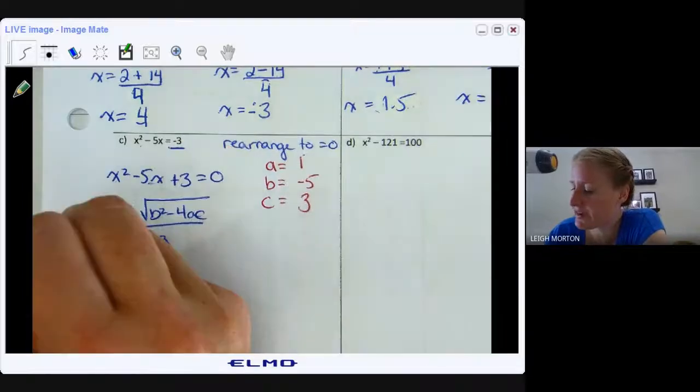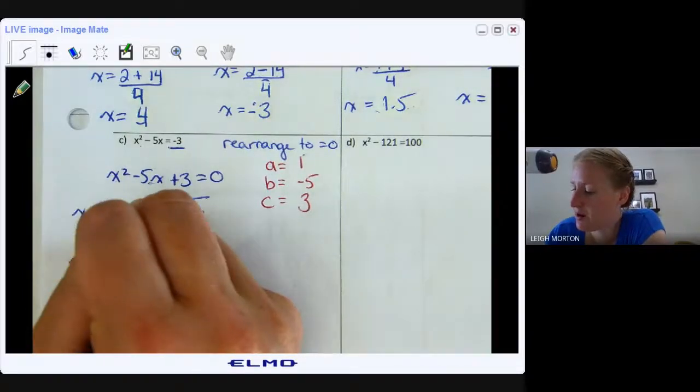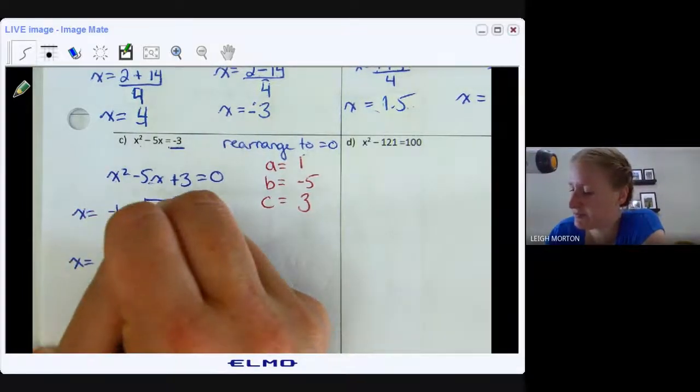Start with my full formula. Now I'll sub in all my A, B, and C values.